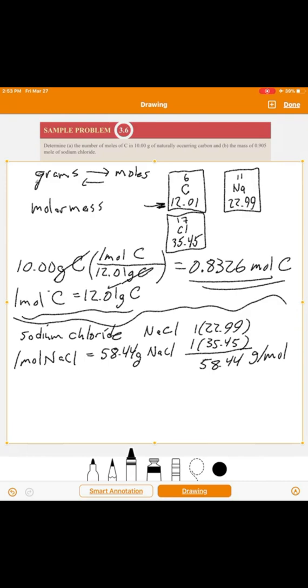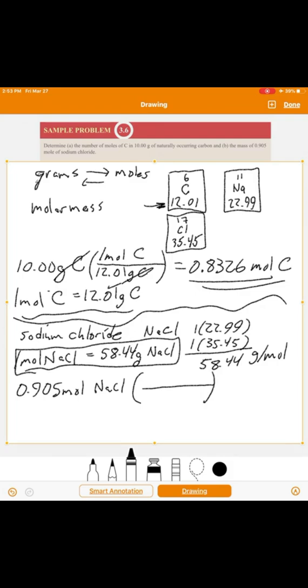Okay, 1 mole is that many grams. Same thing, conversion factor. So now in part B, we're told we have 0.905 moles. Now we're going to convert that into grams. Okay, here's our conversion factor. Which one's going to go on the top? Which one's going to go on the bottom?